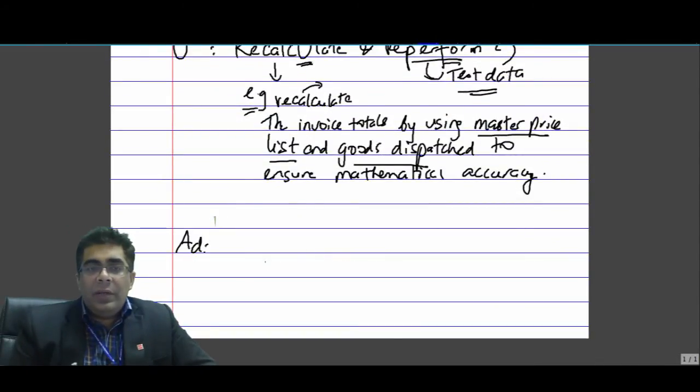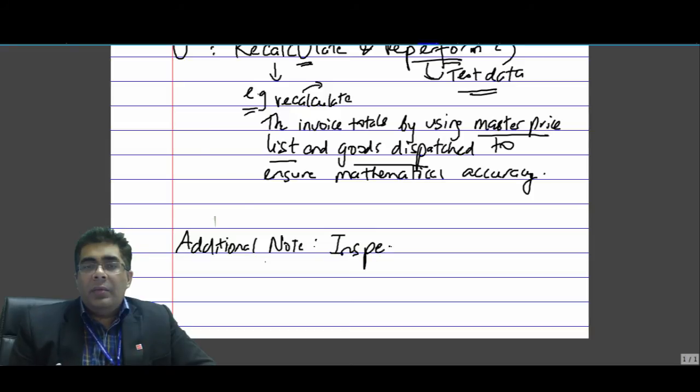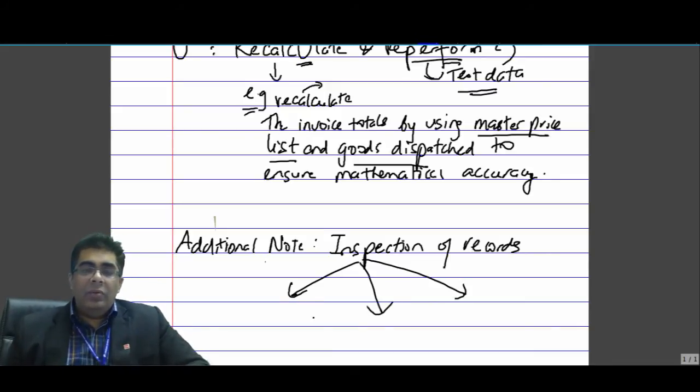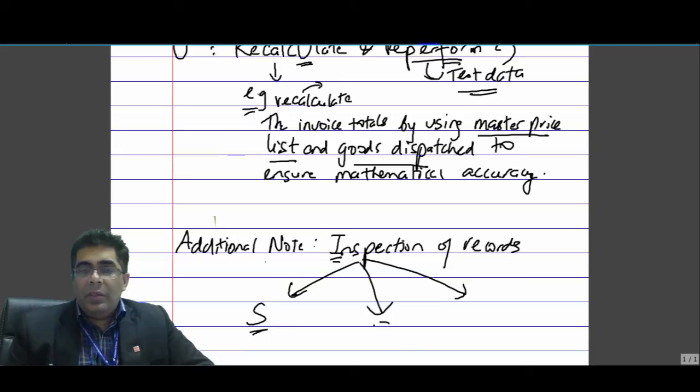Yeah, please write down additional note about inspection of records. There are additional things that I like to add in this I. Yeah? AEIOU. In the I, add these three things. Yeah, S, and then your C, and then your D.